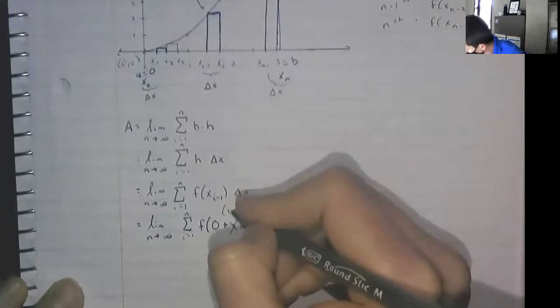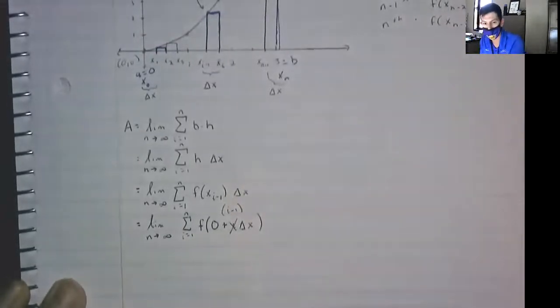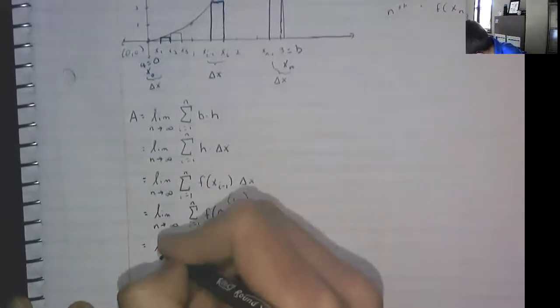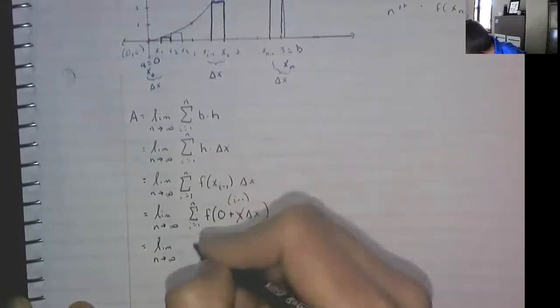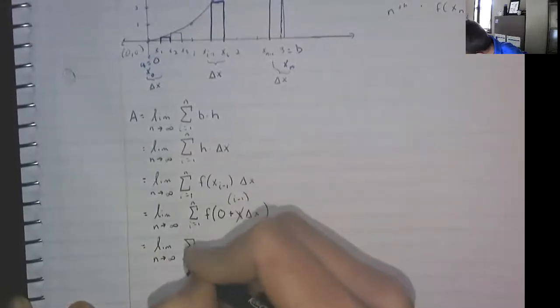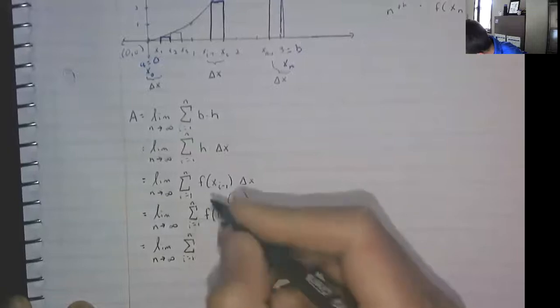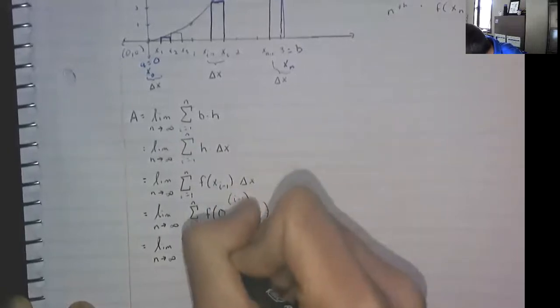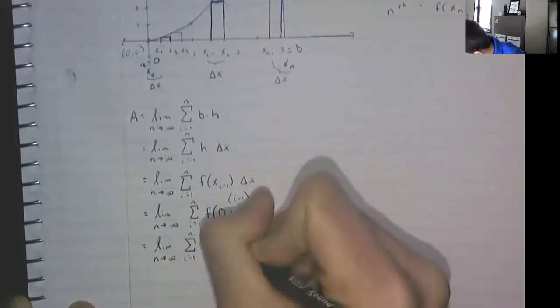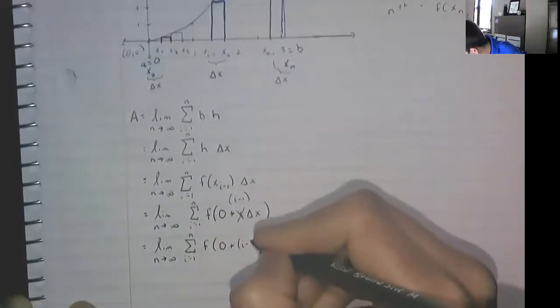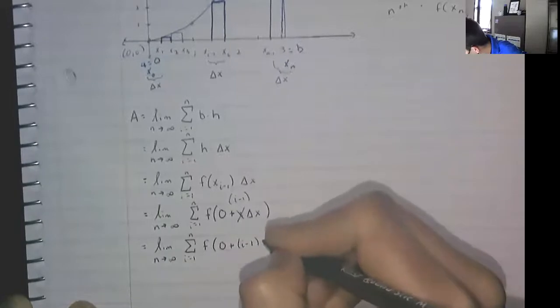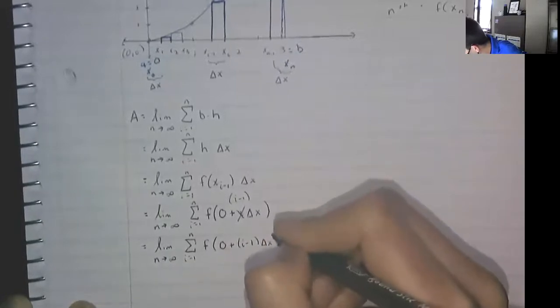This is going to be i minus 1. Okay, so this is going to be the limit as n approaches infinity of the sum from 1 to n of f of 0 plus i minus 1 delta x's.